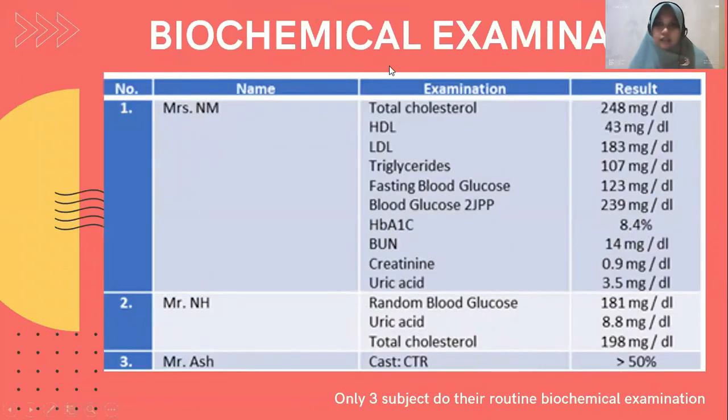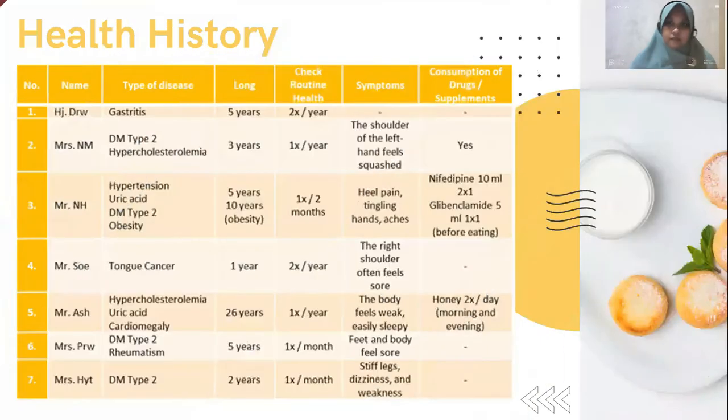And this is the biochemical examination. As we know in the table, there are hypercholesterolemia and also high blood glucose and high uric acid. And this is the subject health history.